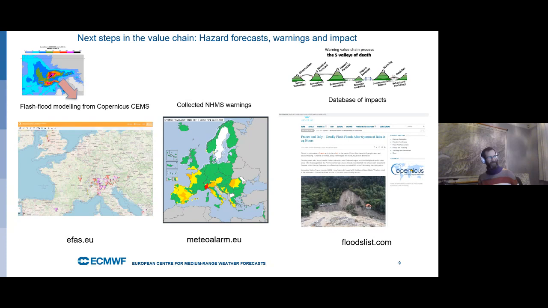I think that's where we really want to get information out of this value chain evaluation, to see what type of decisions are happening based on the forecasts and on the different time ranges.